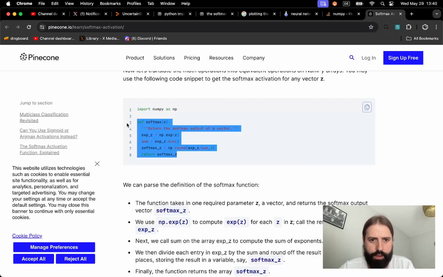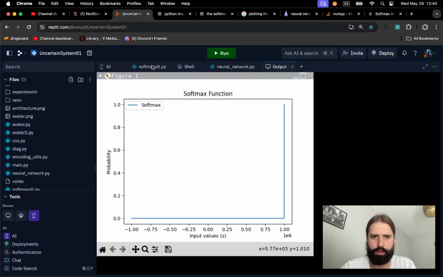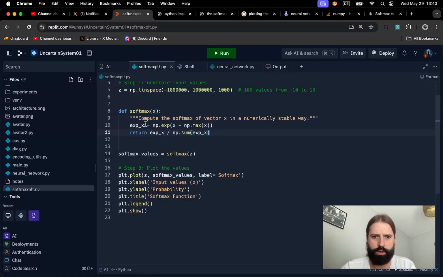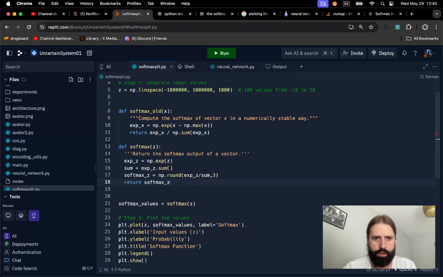Let me see that. There's definitely something here that is softmax alt. So this is the same, and then we do the sum, and then it's basically rounding these, no, that's just rounding it. No, it's the same.